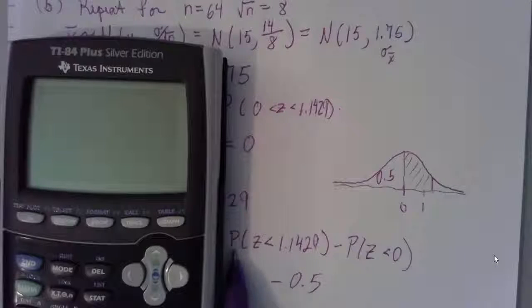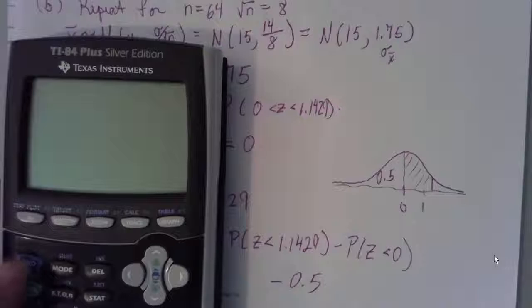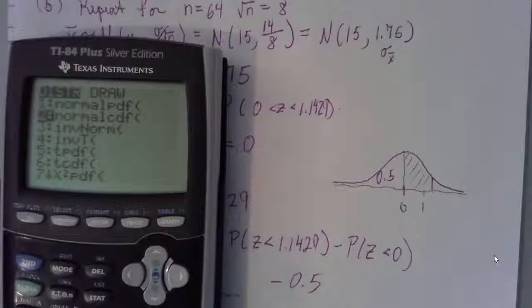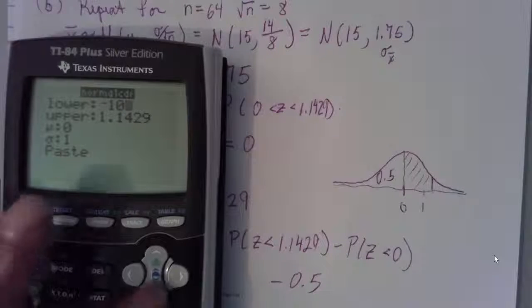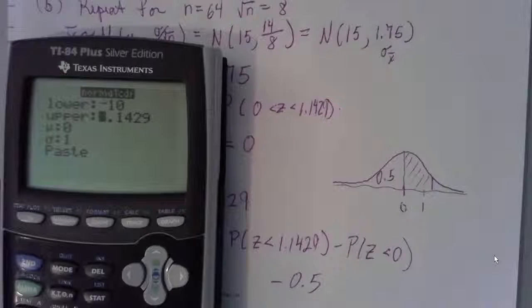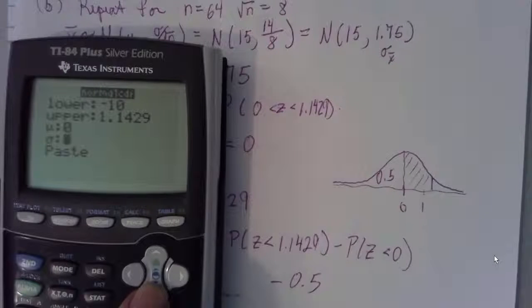So we need the probability that z, mean of 0, standard deviation of 1, is less than 1.1429 on our calculator. We'll go to the list of distributions, normal CDF. Now here you could use -1, you could use times 10 to the 99th, you could use -10, it really wouldn't make any difference. The upper limit, 1.1429, we've got entered. Then the mean and standard deviation are 0 and 1.